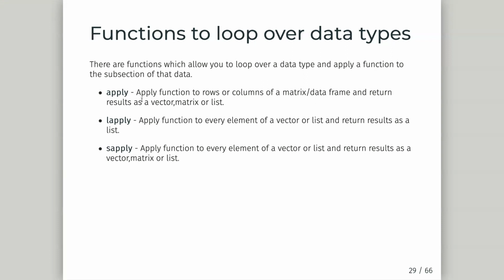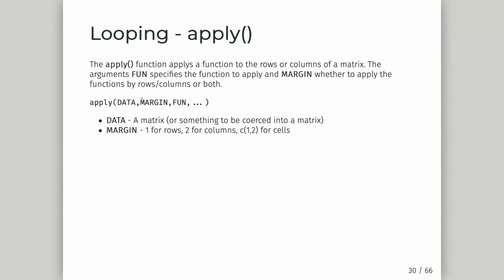But it's going to try and return a matrix to you if it can. If it can't, it will return a vector. If it can't, it will return a list. And in some cases, this is very neat.